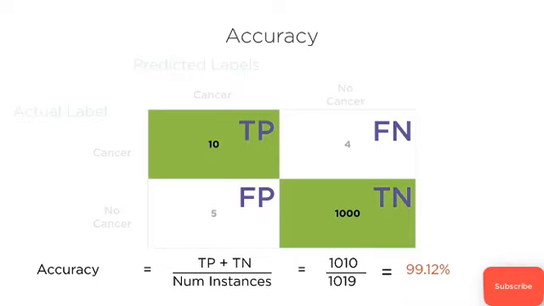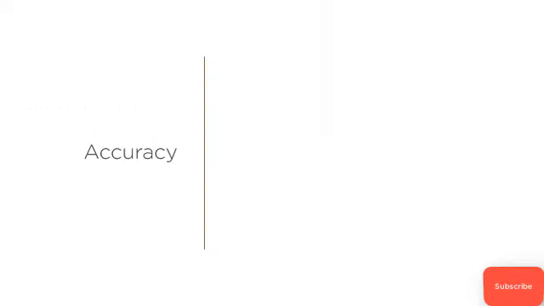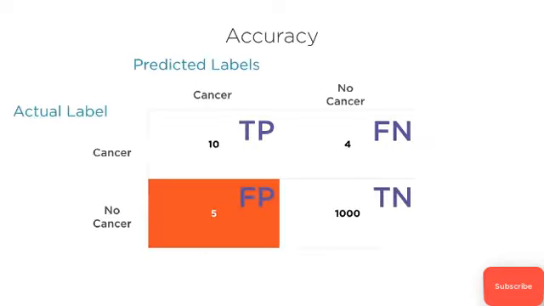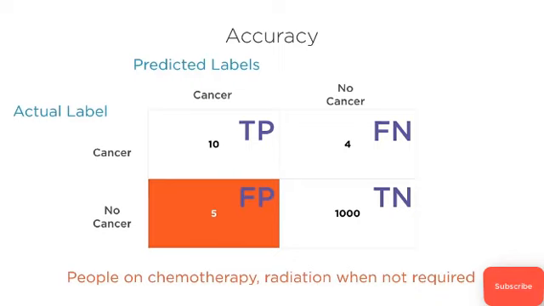Just based on the data that we have here, the accuracy of this model is 99.12%. An accuracy of 99.12%, which you have to admit is extremely high, means that the classifier gets its predictions right 99.12% of the time. But let's take a look at the confusion matrix. Observe the false positives here.